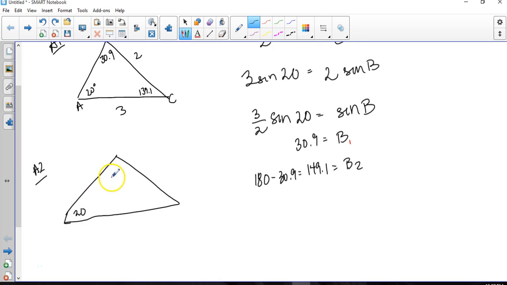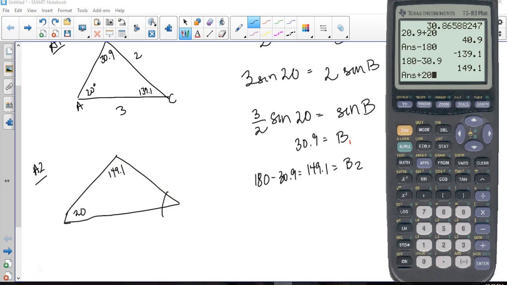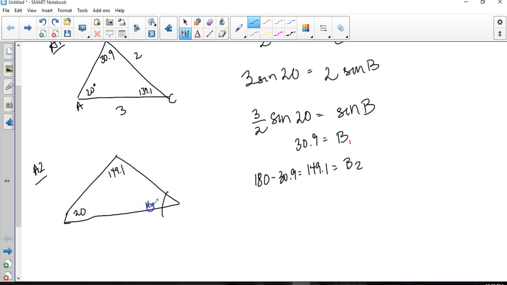If B is 149.1, does that still leave me enough room to make a third angle? Yep, but not much. 10.9. And so now what I need to do is use the law of sines to find what C is if it's 139, and what C is if it opens up to a 10.9.